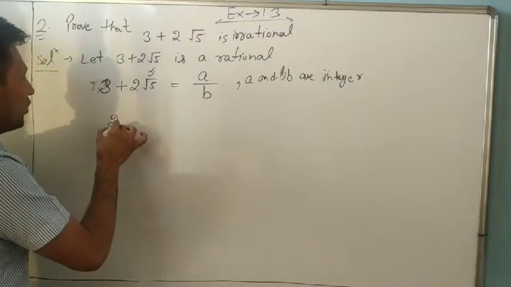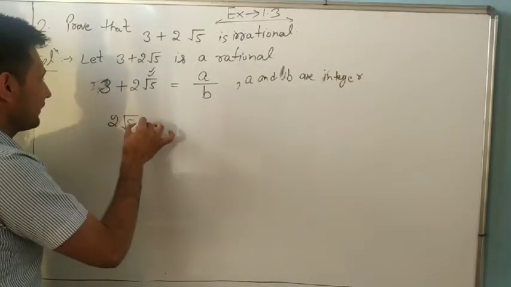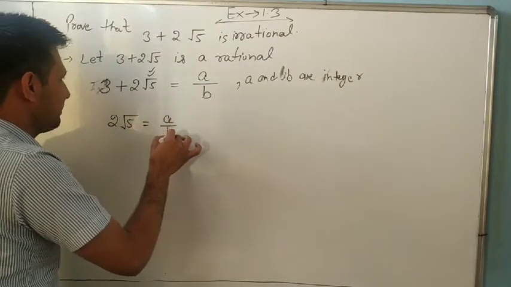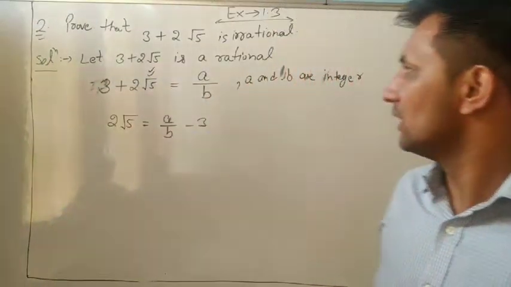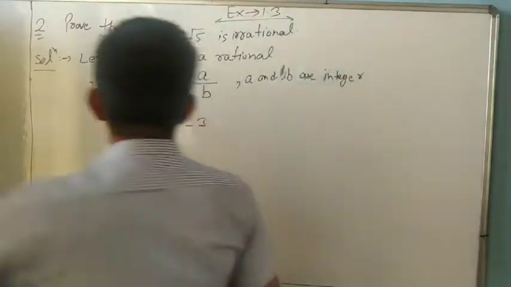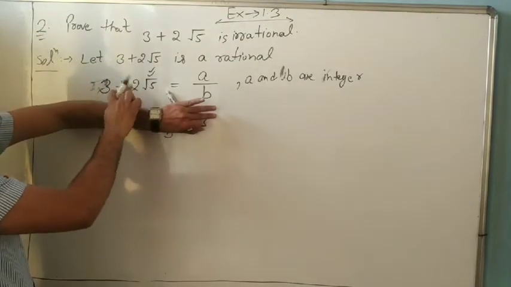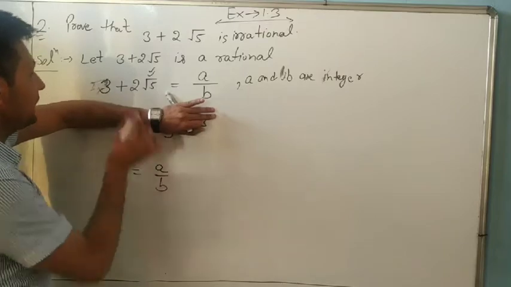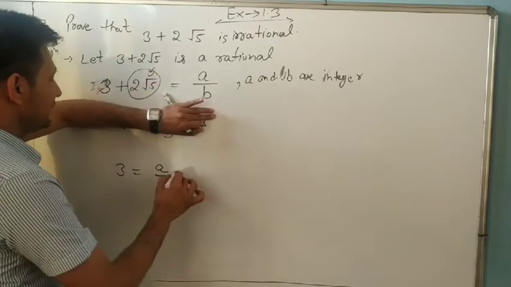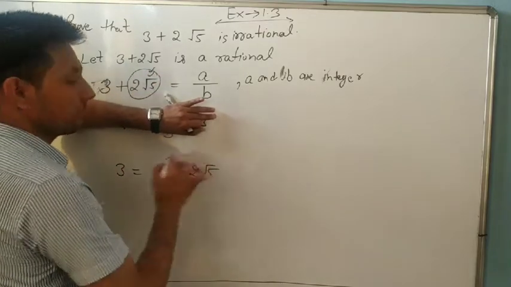Can you write 2 root 5 equal to A divided by B minus 3? Yes. Remember, if you want to remove the 2 first, you have to write 3 A by B as one number, A minus 2 root 5.